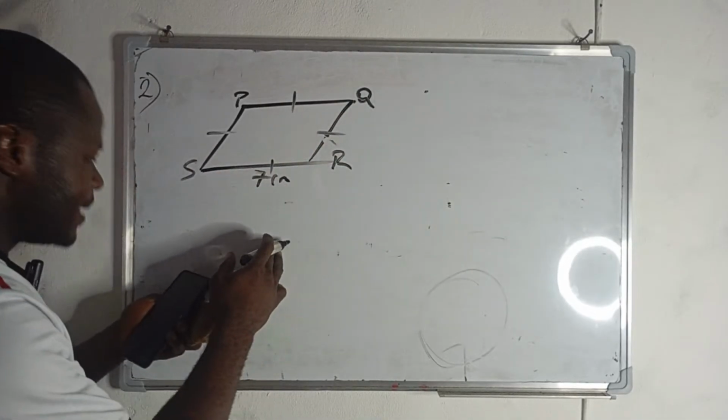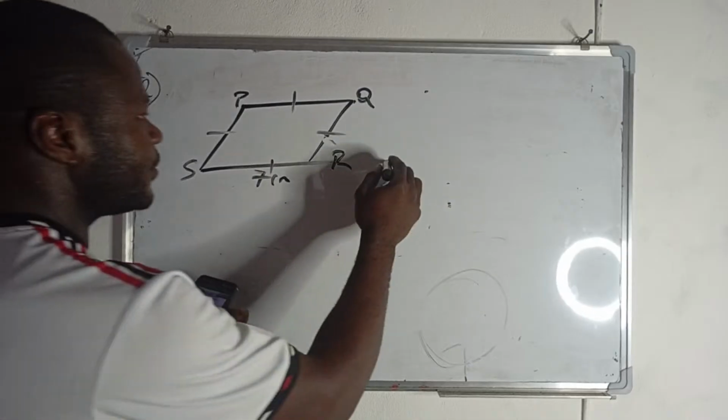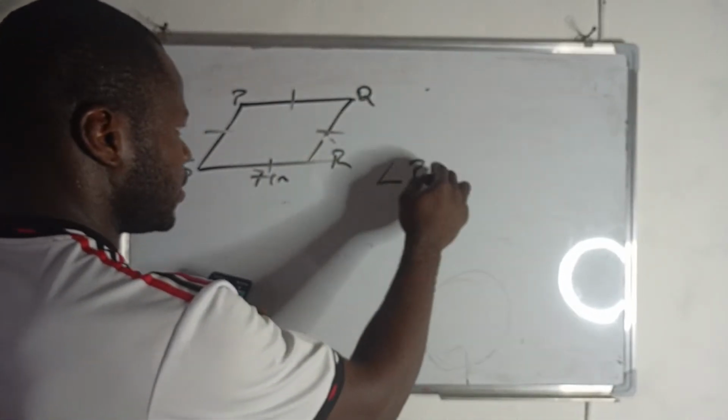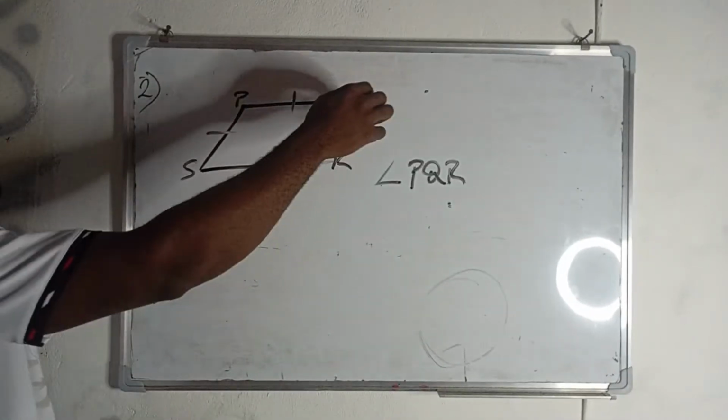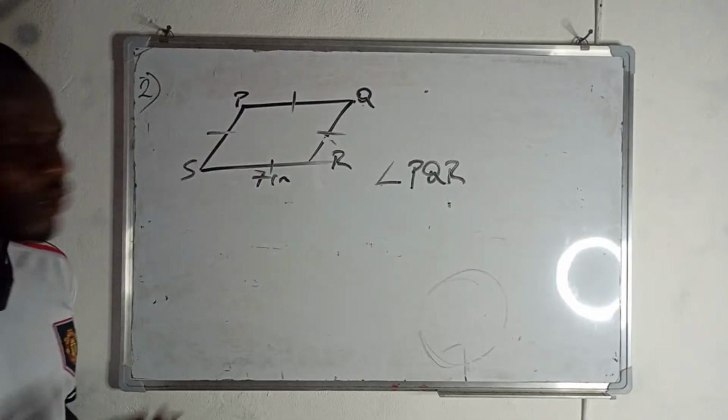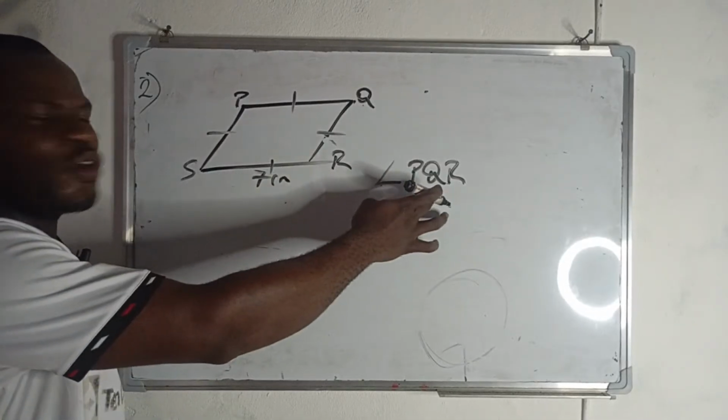Then we have 60 degrees. They say angle PQR will be 60. So which means this is Q. Remember, when you are looking for an angle, you maintain focus on the middle letter.